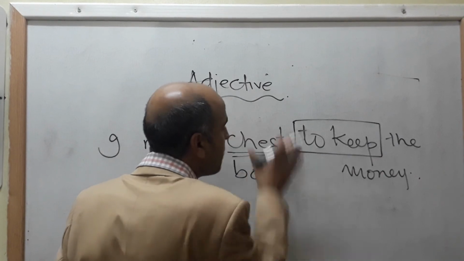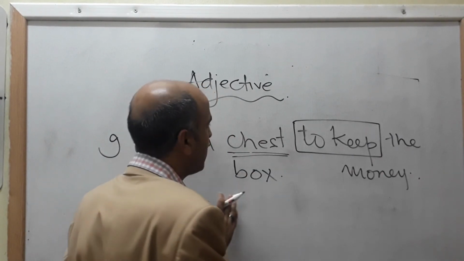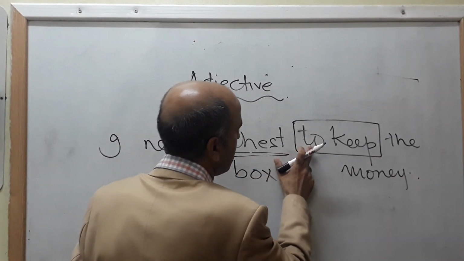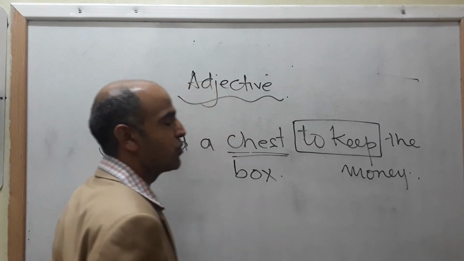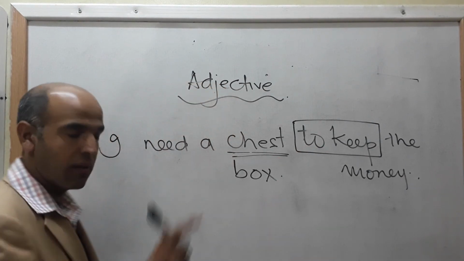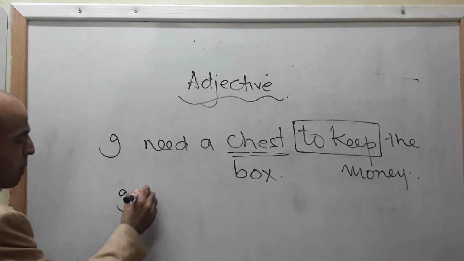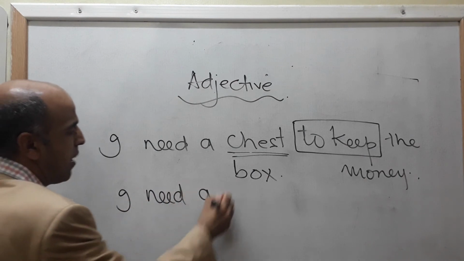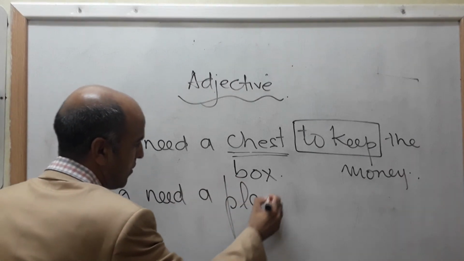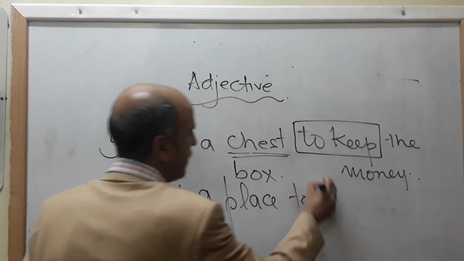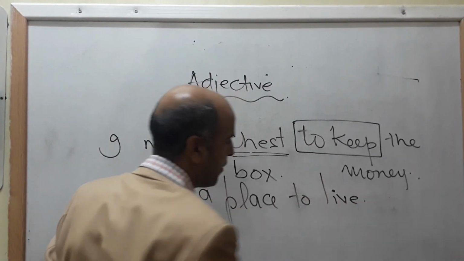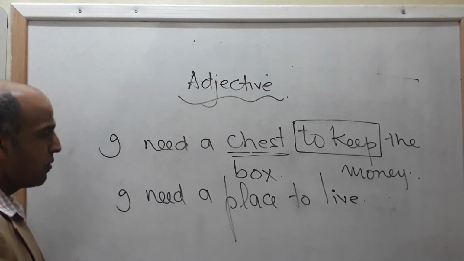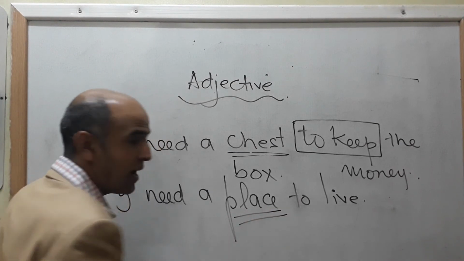So it is very important to keep in mind that here your infinitive is working as an adjective. I need a place to live. Look, place is your noun. I need a place.